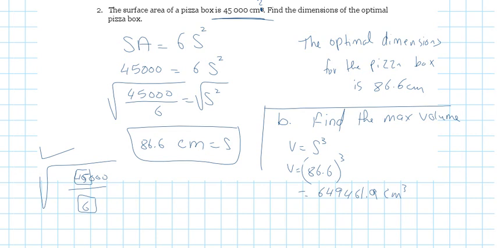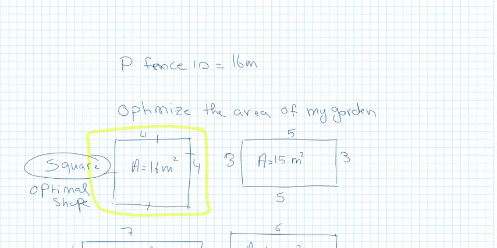All right, are we okay with this? Whenever we're dealing with a rectangular prism, your optimal shape is a cube. Are we clear on this? Now, my next shape that we're going to optimize, and these are the only two shapes that we're going to optimize, is the cylinder.